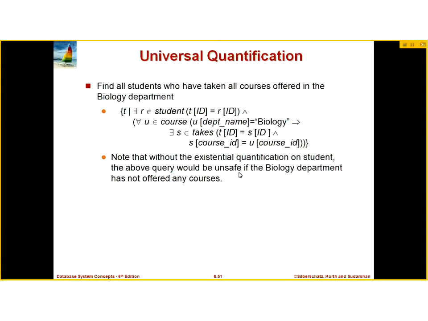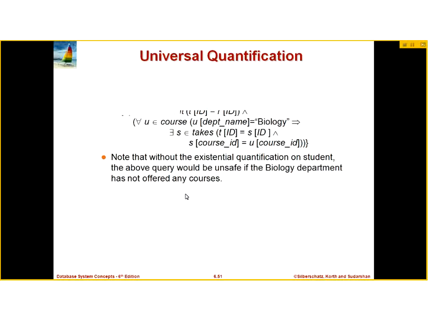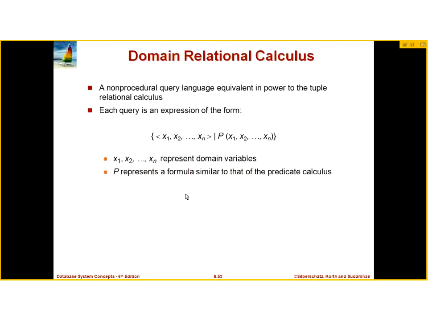Now without the existential quantification in student, the above query would be unsafe if the biology department has not offered any course. So when you are writing the queries, you need to be very careful about this, that the query should give you some output and it should not be infinite.